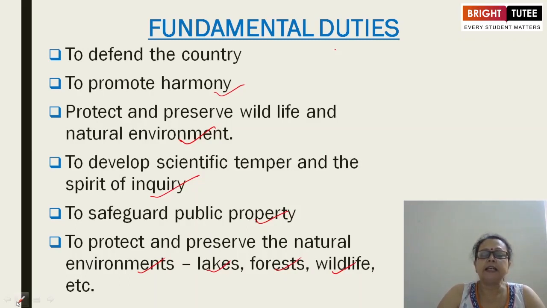Coming to the significance, what is the significance of fundamental duties? Why has it been added? The fundamental duties serve as a source of inspiration for the citizens and promote a sense of discipline and commitment among them. It is a source of discipline.